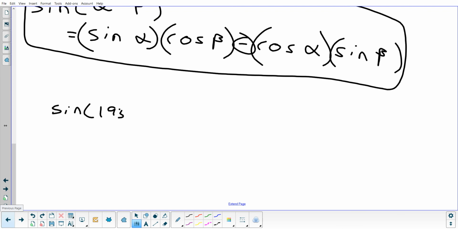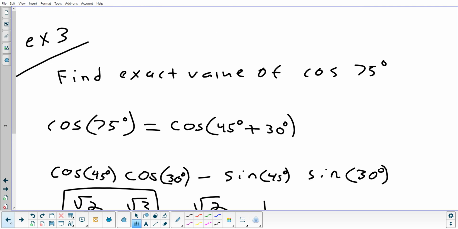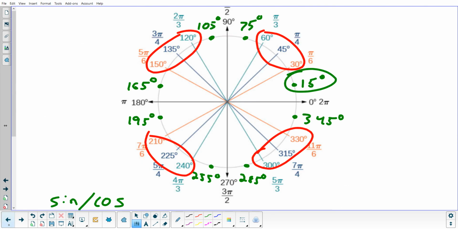Sine 195. And can anybody see how to write that as a sum of two numbers? And you have to use numbers that are circled in red. Okay, you want to get 195. I think I have one way to do it. Yeah? 135 plus 60.